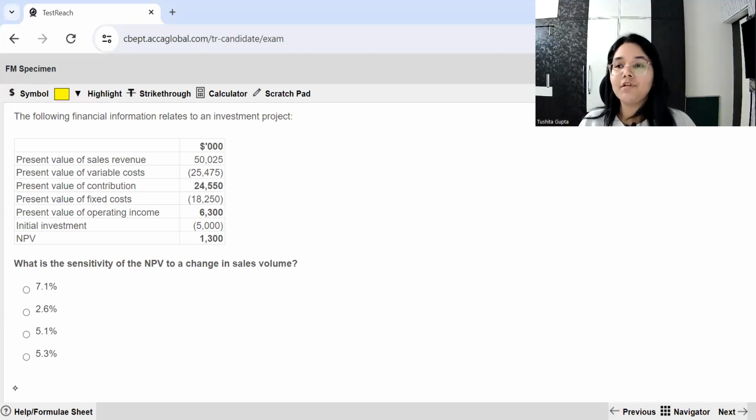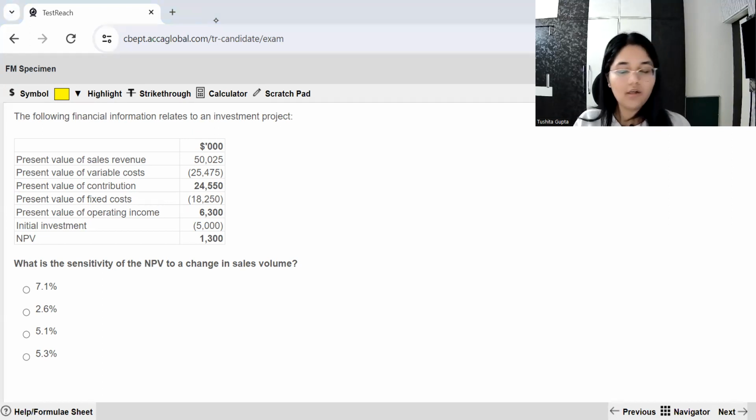Question 2 wants us to find the sensitivity of the NPV to a change in the sales volume. So we have to find out how sensitive the NPV is if there is a change in the sales volume. This is something where students get confused. Always remember that when you have to calculate according to the sales volume, you will be using the contribution.